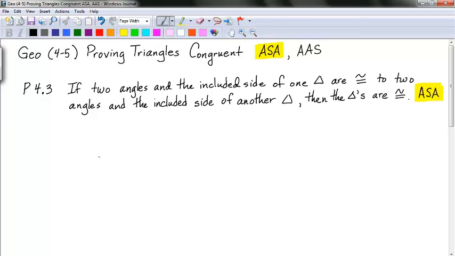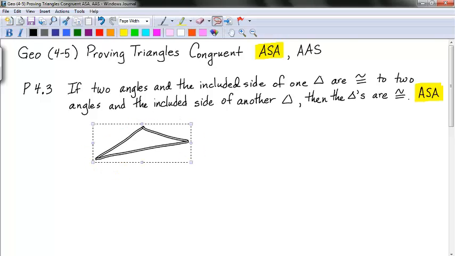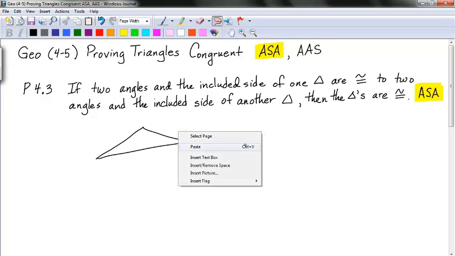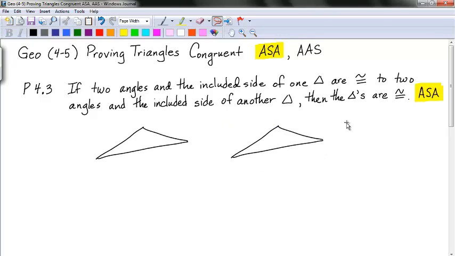Now draw a picture. Draw a triangle, and then try to duplicate it as best you can. And label it. Label this angle is congruent to this angle.